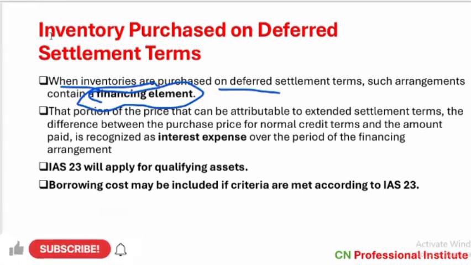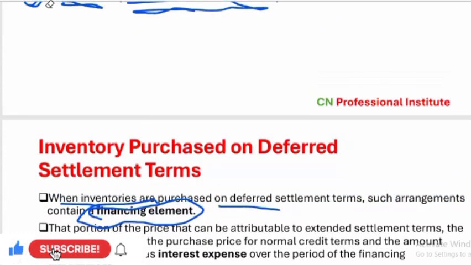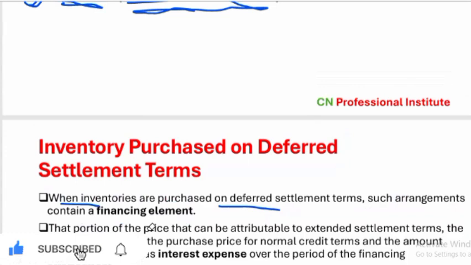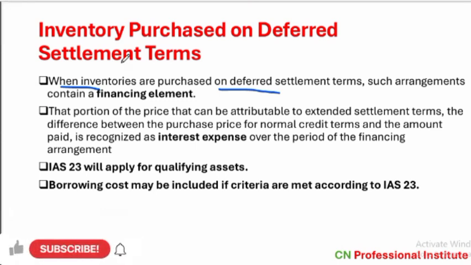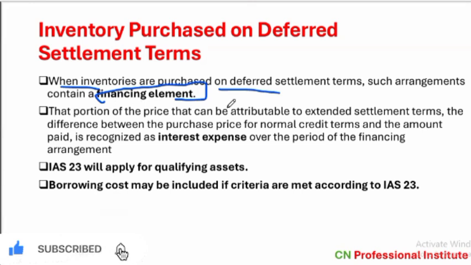Now, what do we mean by this? When we say such an arrangement contains a financing element, what do we mean? But look at it, you get it. It says that portion of the price that can be attributable to the extended credit terms.